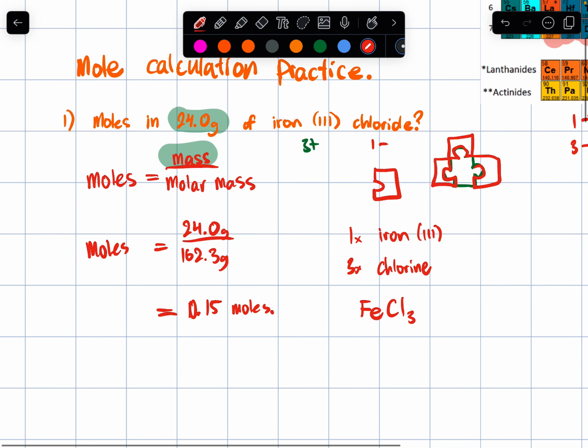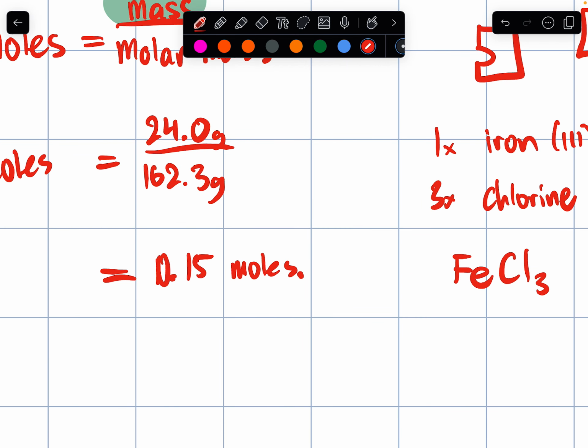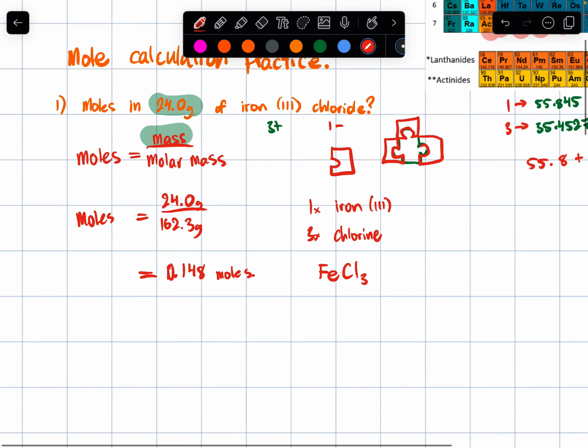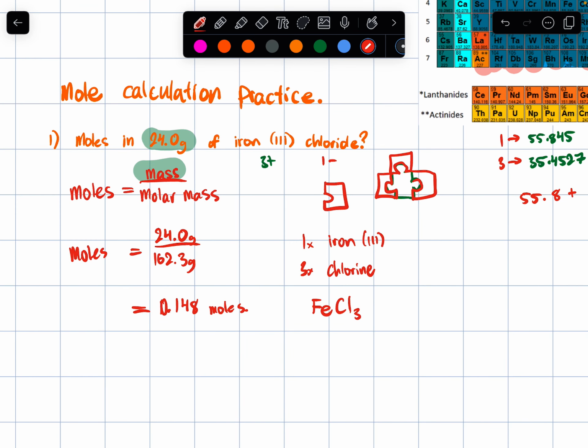Now you round to the lowest number of significant figures in the question. So technically this should be 148, I guess. And there we go. So we've got 0.148 moles as our final answer. Again, I did a lot of rounding there, so that's probably not what you've got, but it will be somewhere close to that.